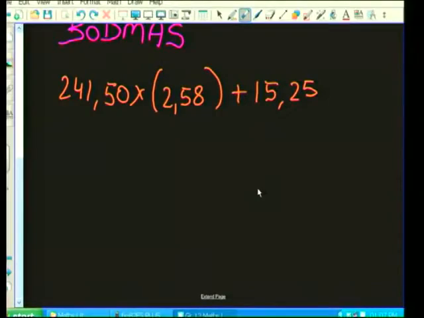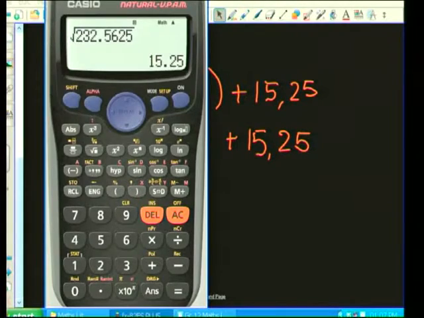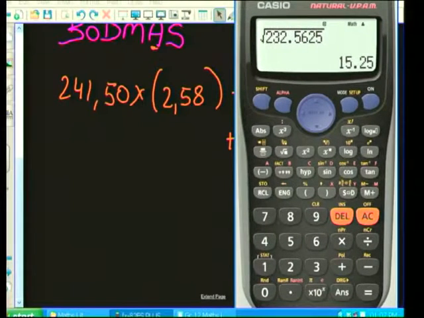So let's now do this on the calculator. We're going to do that step and we're going to write that in. So we're going to leave our plus 15,25 because remember your BODMAS, we add towards the end. So let's do that part and let's get our calculator and move it to that side of this page. Right, so 241,50. We don't need that 0 on the calculator, but if you want, and then you can open a bracket and say 2,58.